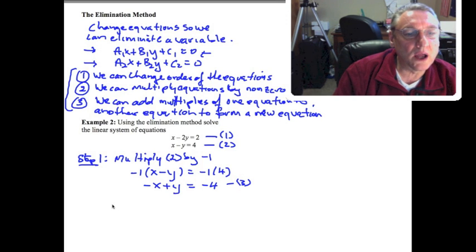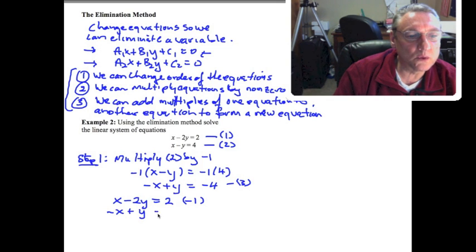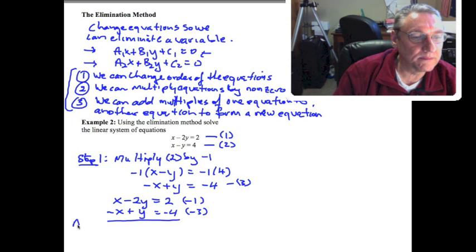So if I now look at equation 1 being our original equation 1, and now my equation 3 being -x plus y equals -4, then what I'm going to do is add these two. So that'll be our step 2.